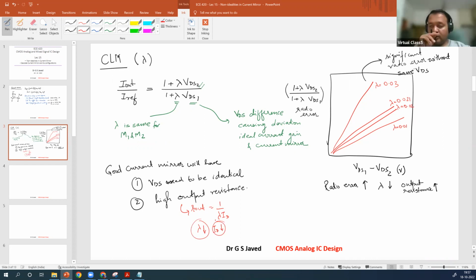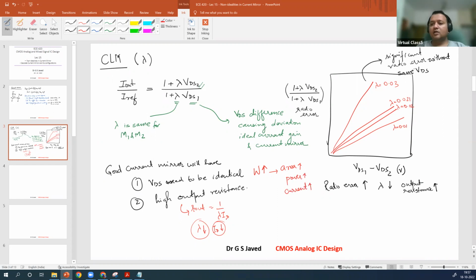Now another thing that can happen is VDS needs to be identical. How can VDS be identical? VDS can be identical if W is more, right? If W is more, your area increases, power increases, and current also increases.